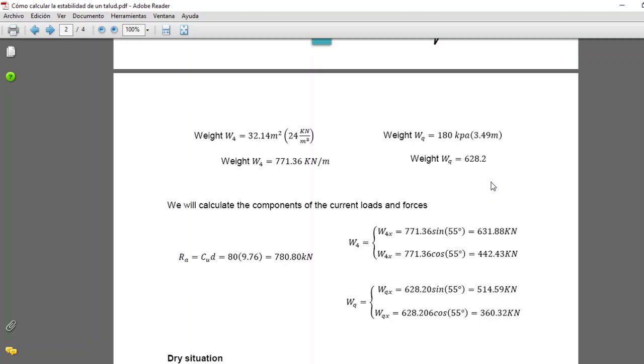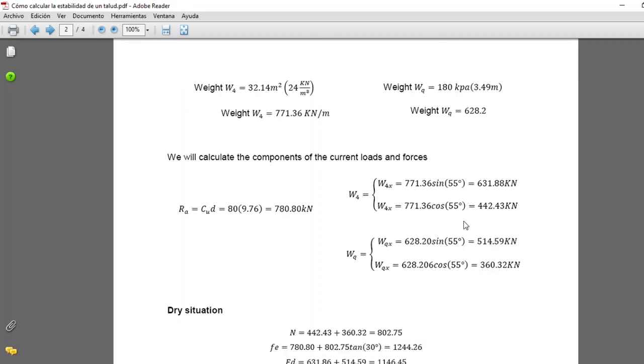Write this. And for the next, we will calculate the components of the forces with two data.